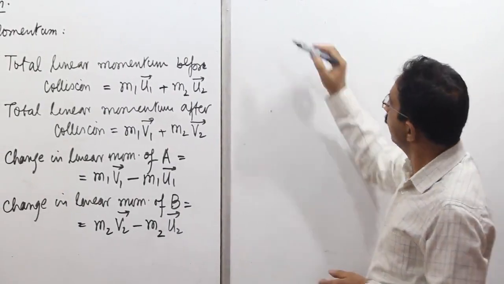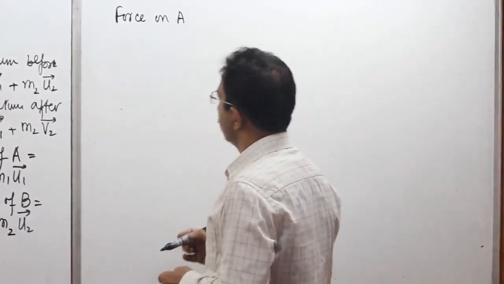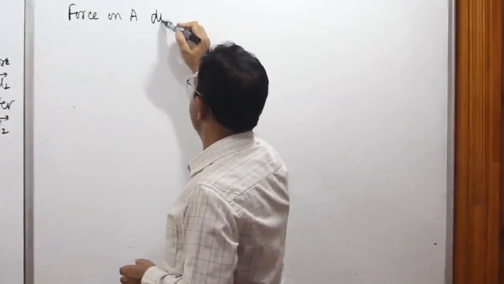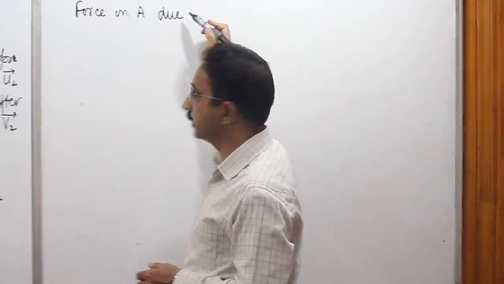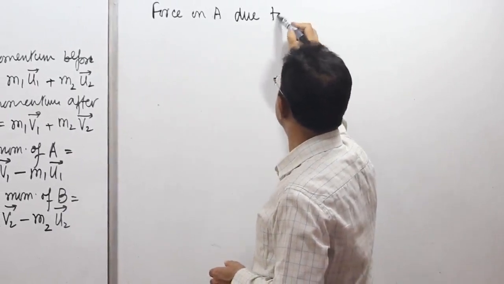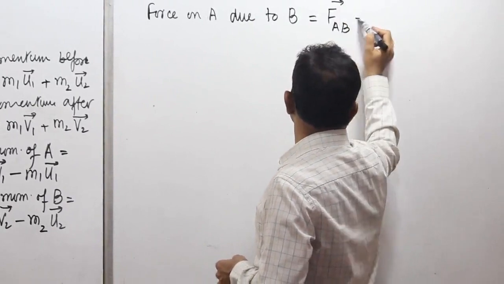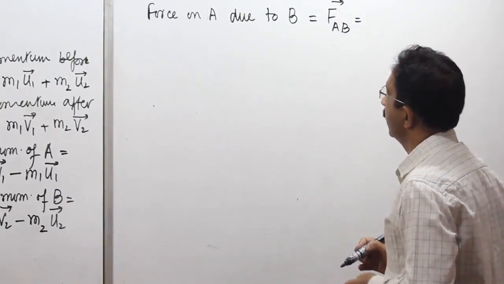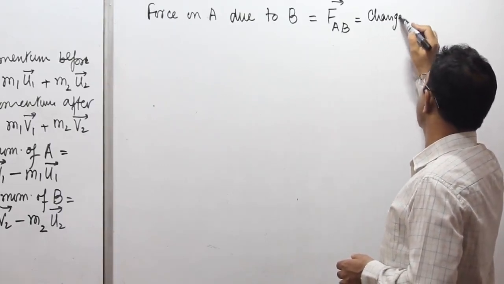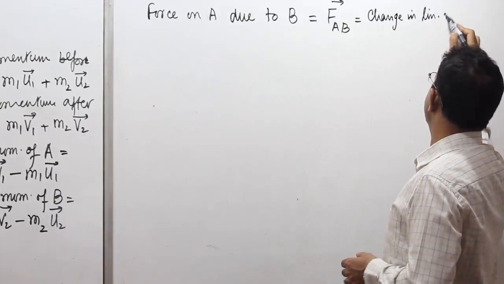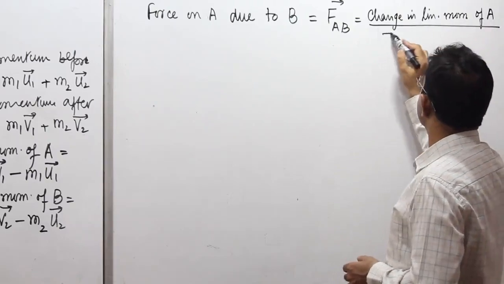So I can say the force which acted on A, the first ball, and this force must have come from B only, because there is no external force including friction. So the force on A due to B, I denote as FAB. Since it is a force acting on A due to the source B, it equals the change in linear momentum of A divided by time.